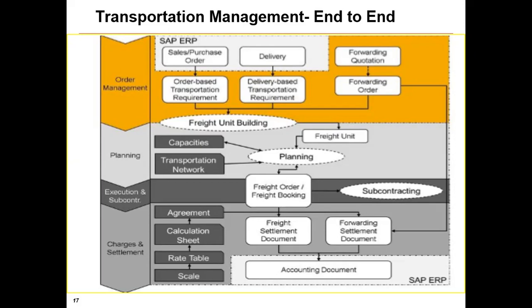Now, next is the subcontracting. Subcontracting is related to the provision of specific services relating to labeling. Let us suppose that you need to fix some RFID labels on the boxes, on the products, on the goods. Then you can take help of the specific service provided by a particular subcontractor.